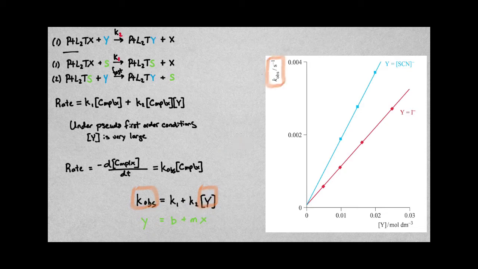We should observe a straight line dependence, a linear correlation between K observed and Y, as shown here. The slope of that line will be equal to K2, the rate constant for our one-step process, and the intercept will be equal to K1, the rate constant for the rate limiting step in the solvent-assisted process.